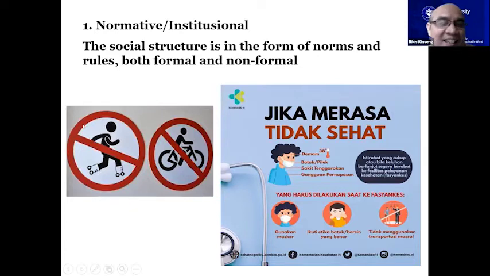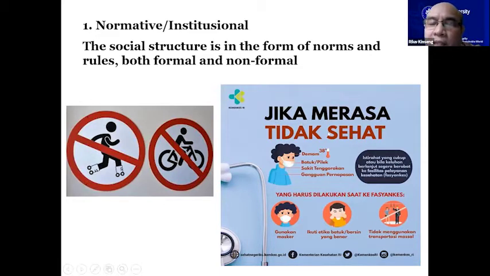Yeah, it's skating. Okay, so these are norms. You are not allowed. So your behavior, your action is structured or regulated by these norms. So we are not free to do whatever we want. We are limited by these rules and regulations.